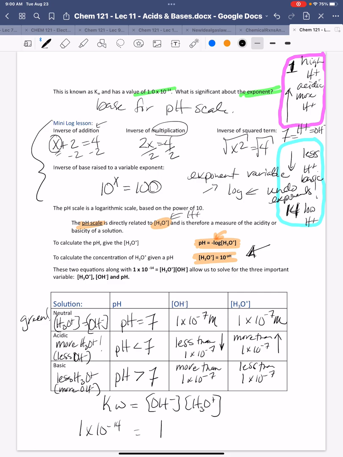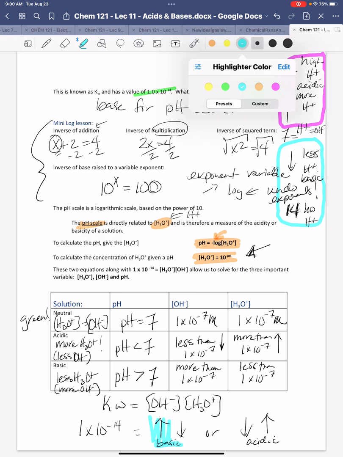So as this goes up, this has to go down. And conversely, as the OH concentration goes down, the H3O plus concentration goes up. So this is where we have acidic solutions, and this is where we have basic solutions. More OH means basic.